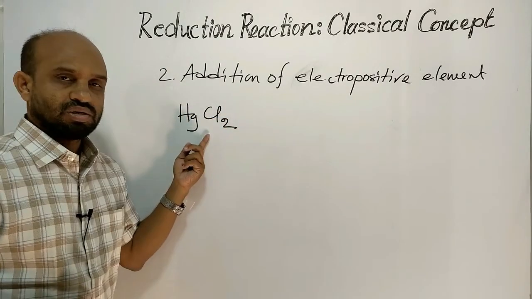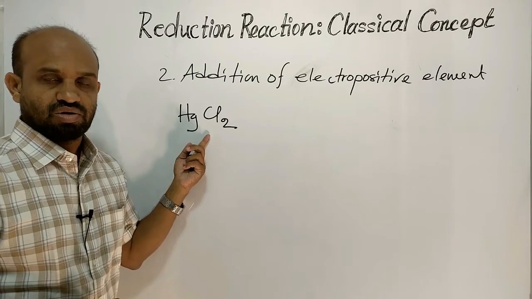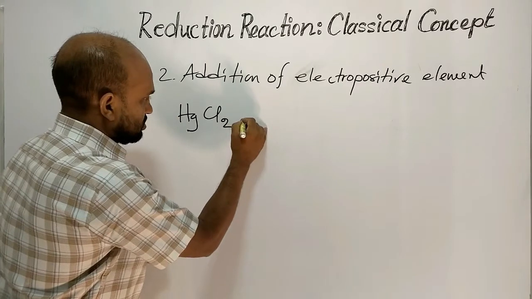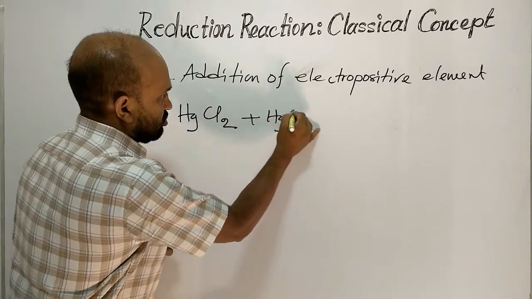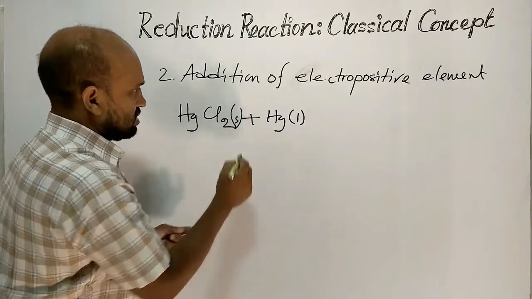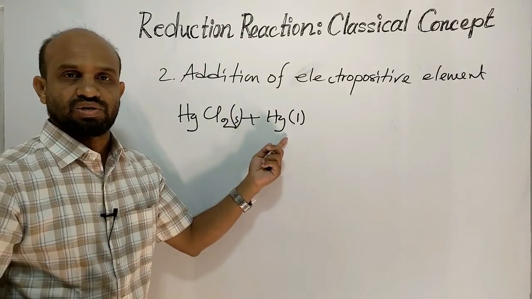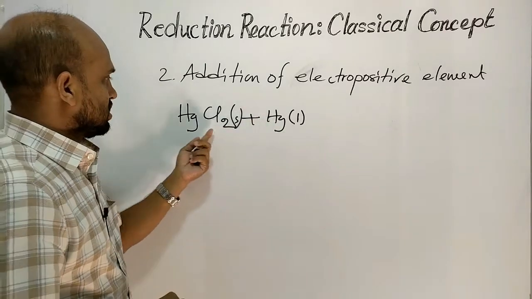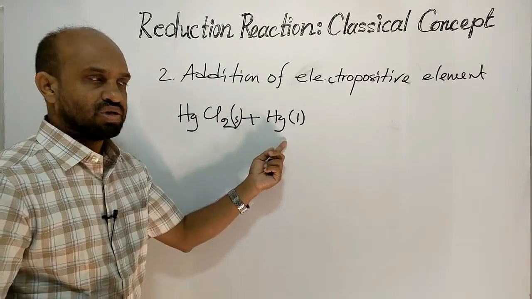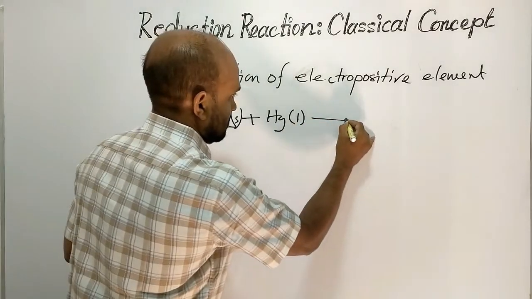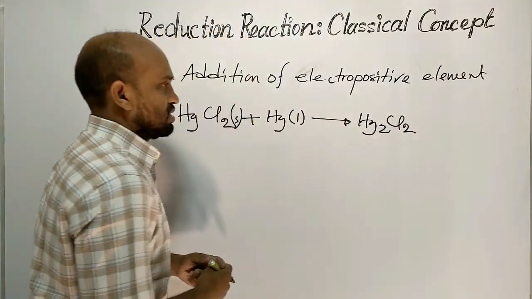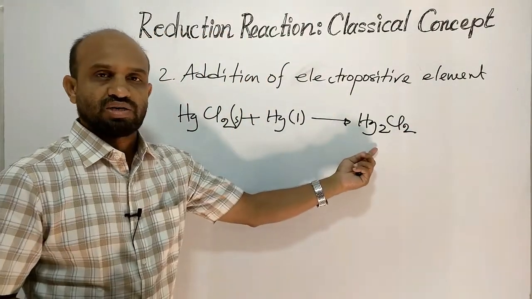This is mercury 2 chloride or mercuric chloride. This is solid and mercury is liquid. When mercuric chloride is treated with mercury, then mercury 1 chloride is formed.